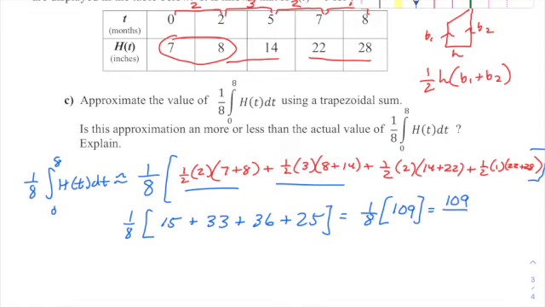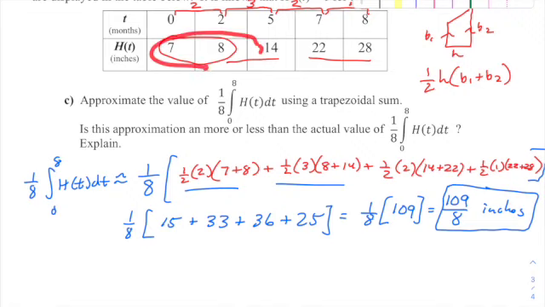And 109 divided by 8 inches. Remember, this is representing the average height. And if you were to divide 109 by 8, you get 13, I think, and something. And that would maybe make sense. That would be a number that seems in the ballpark for what the average height of this tree might be over this interval. And it didn't specifically ask for units on the answer, but I always like to, you never know. They can take off points even if it doesn't specifically say to include units.